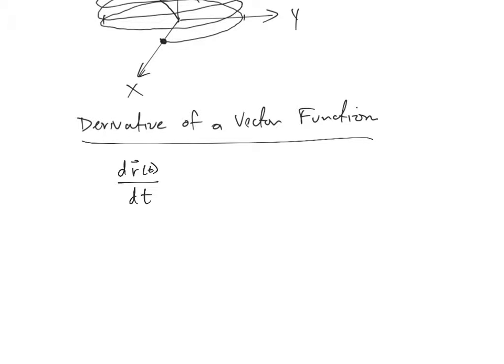I can take the derivative with respect to the parameter t of my vector function r, and I can also write it using the prime notation. Hopefully you remember that from last year. Either one means the derivative of this vector function with respect to the parameter t. And it is a limit.